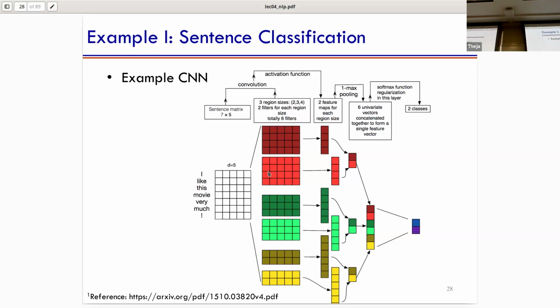The way we're going to work with this is we'll create filters. These filters are such that their number of columns is the same as the input matrix's number of columns. So here's a filter which is 4 cross 5 because the width of the input is 5. Here's a filter which is 3 cross 5, and here's a filter which is 2 cross 5, because the input width is 5.